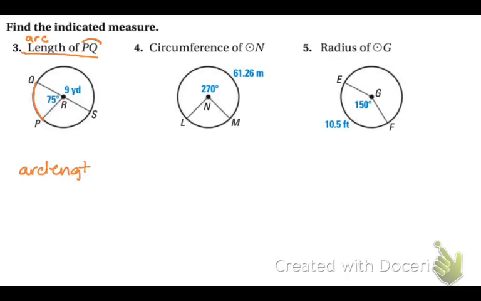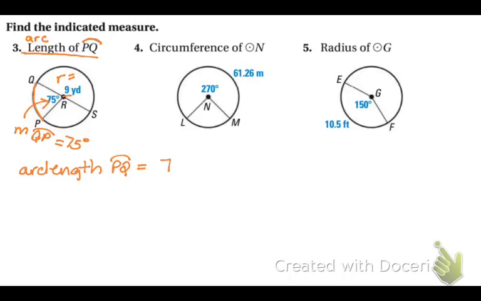Arc length of PQ is equal to, okay, our measure of arc QP is equal to 75 degrees. Our radius is equal to 9 yards. This should be sounding familiar.